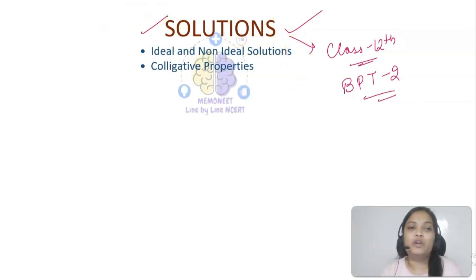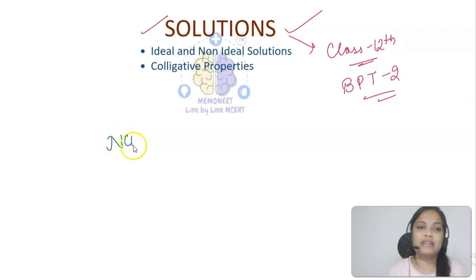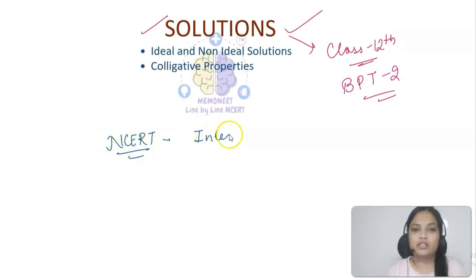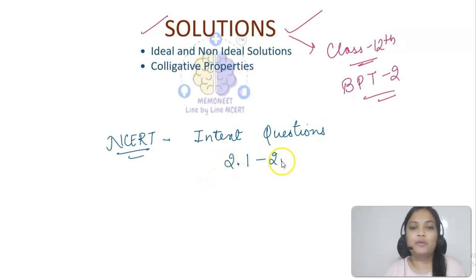Now, I hope all of you have watched that lecture. Before or after watching this lecture, I want you to take your NCERT book. There you have in-text questions, right? I want you to solve the in-text questions from 2.1 to 2.7.